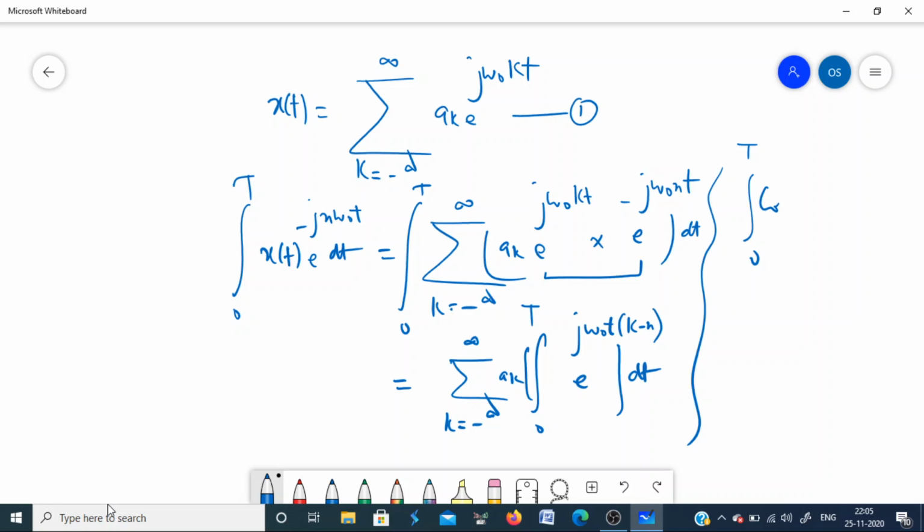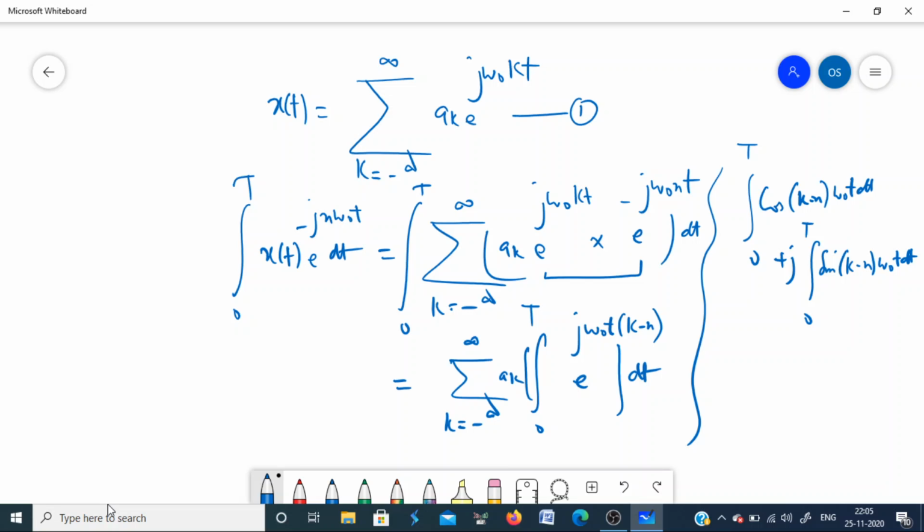It will become integral 0 to T of cos of (k minus n) omega naught t dt plus j integral 0 to T of sine of (k minus n) omega naught t dt.